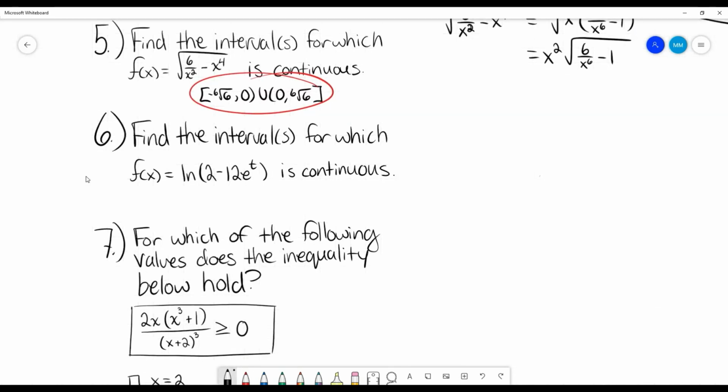Now we're going to do the same kind of question, except a different function, right? And this obviously has a bit of a different domain. So something that we just have to know about natural logs, and I hope you know this already: natural log of 1 equals 0, but the natural log of 0 is undefined.